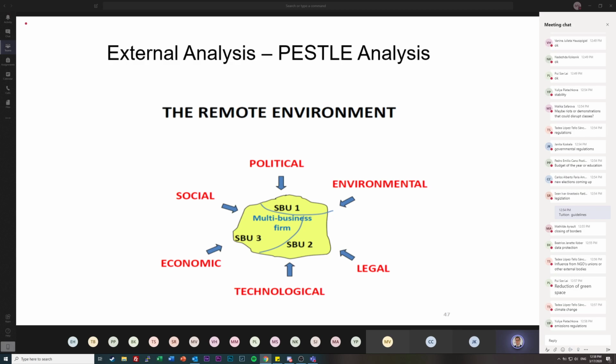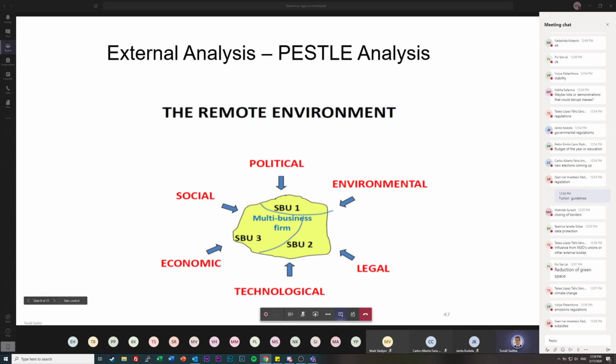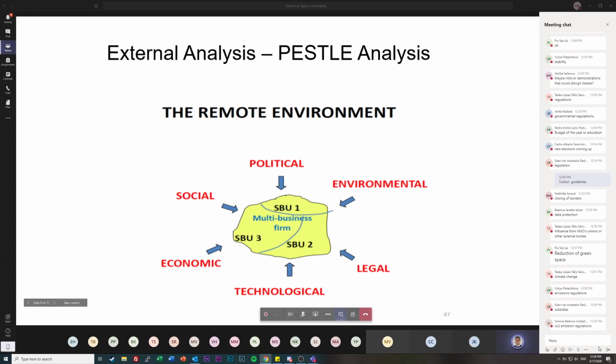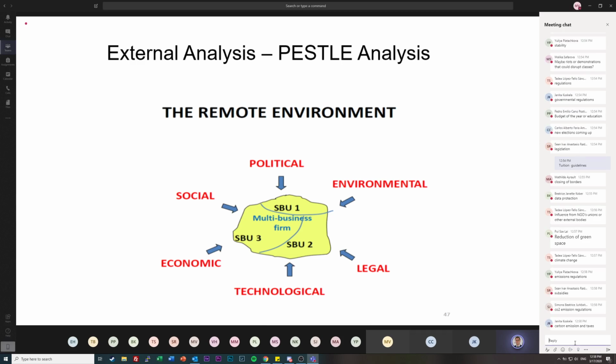So the reduction of green space, climate change worldwide generally, emissions regulations. It seems to be very important nowadays, typically in Western European cities, where emission reduction is a really tough theme.